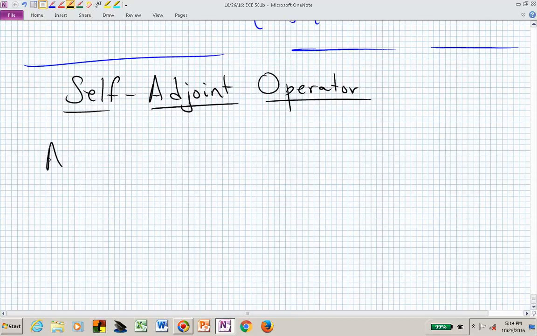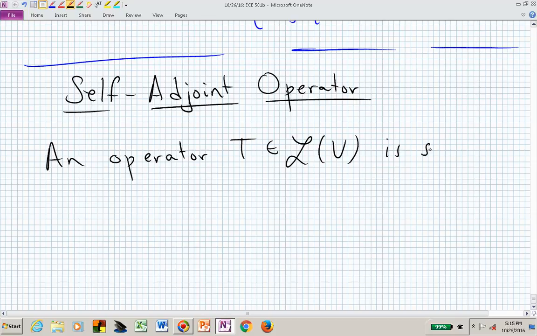An operator T, and now that we're dealing with an operator, we know that it is mapping from V back into itself, is self-adjoint, or you might hear this called Hermitian, and now you can just go home and be saying Hermitian, Hermitian.